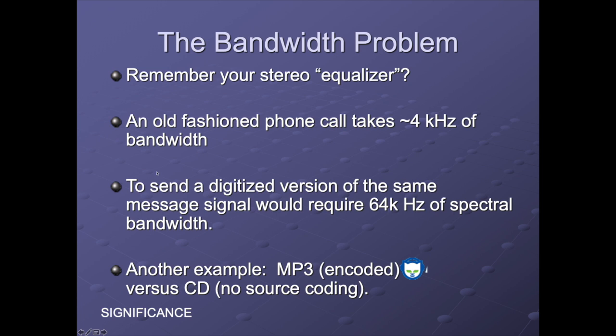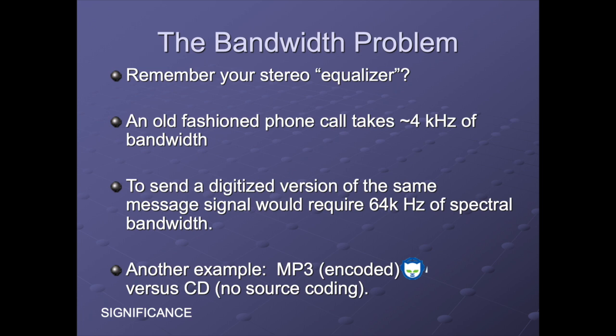At that point in time, if we decided we're going to digitize speech and send it over the same channel, well then the calculations would go, if I have 4 kilohertz of bandwidth that represents the speech signal, I need to sample that at least 8,000 samples per second. You know that. And then each sample would take at least 8 bits.